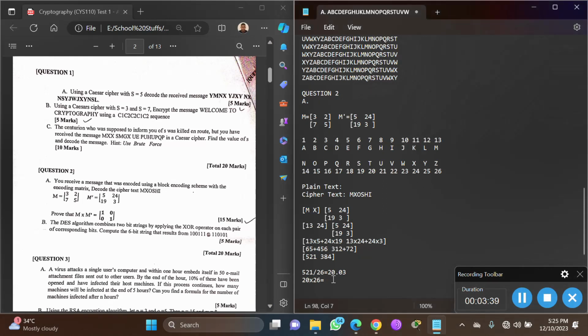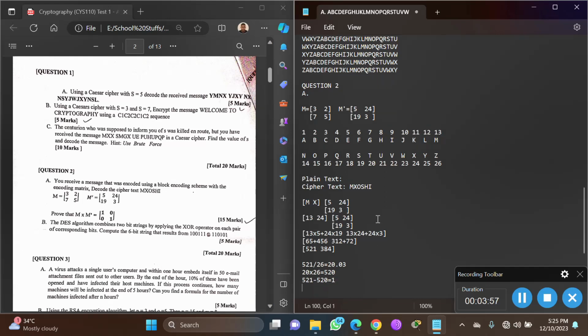I'm getting 520. So the first number we had was 521, so I'll say 521 minus the new answer, 520, to get 1. So now on the alphabet, what is 1? It's A.